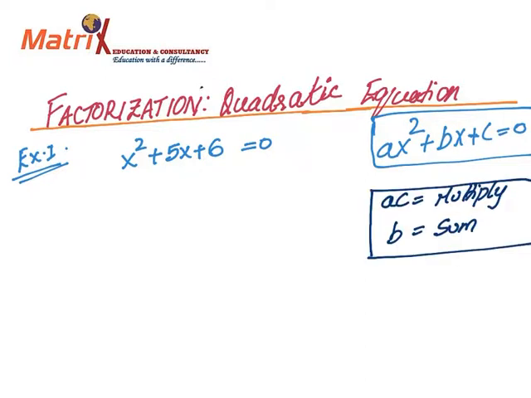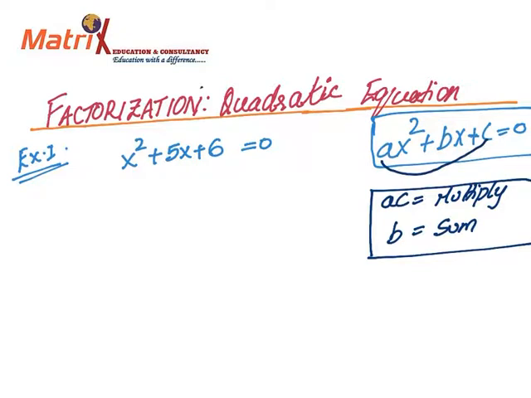I have written here AC is equal to multiply and B is equal to sum. A, B, C are the constant values and X is the variable. If you look into the standardized equation, Ax squared plus bx plus c, I have taken AC from there, this A and C, and I have written multiply.